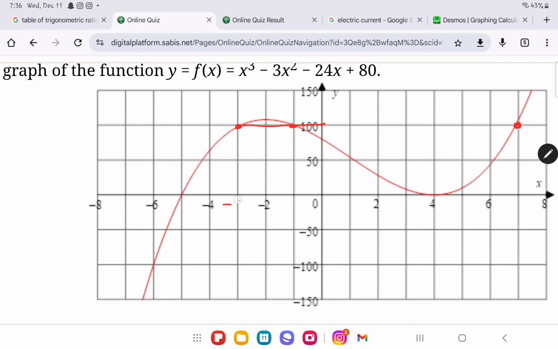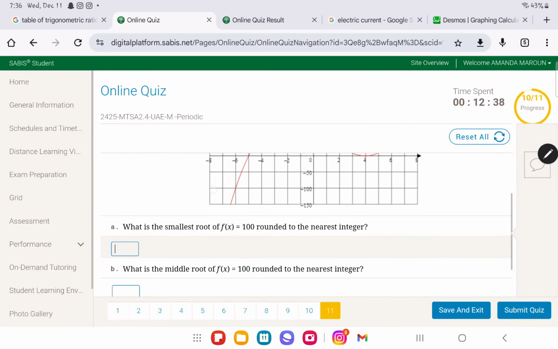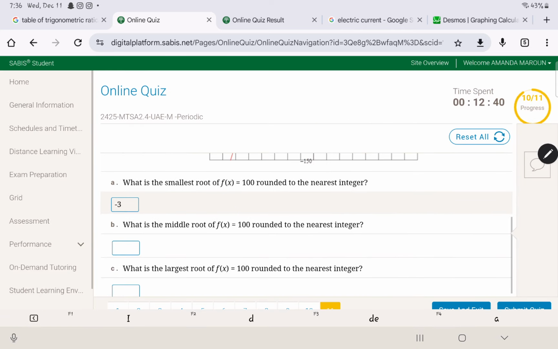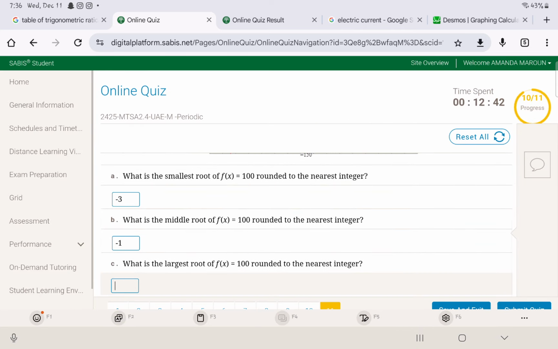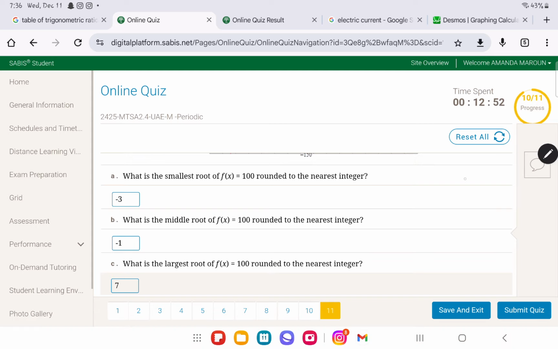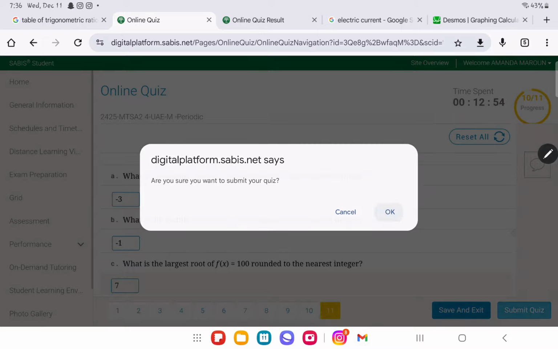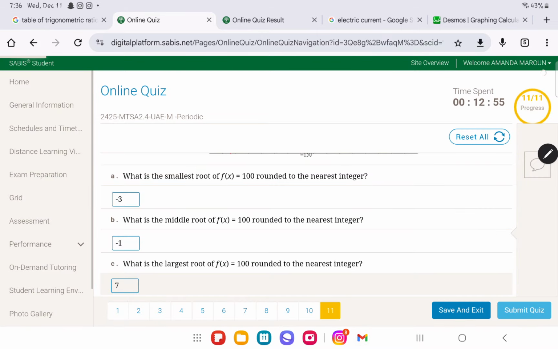So they are approximately -3, -1, and 7. -3 is the smallest root, -1 is the middle root, and 7, not 8, is the largest root. So let's submit, and hopefully there are no mistakes.